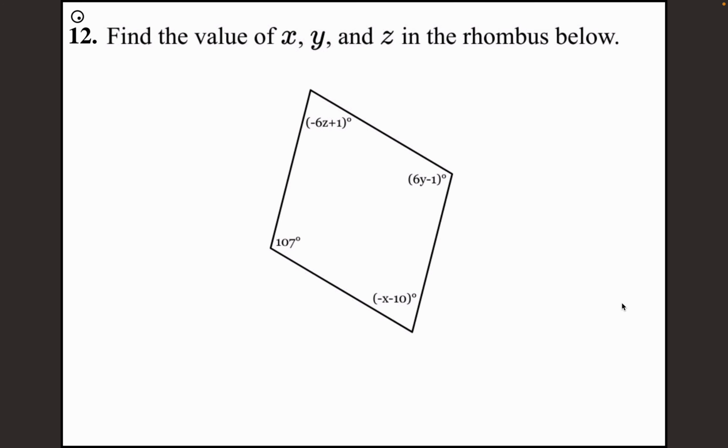All right, let's go ahead and talk about the answers. What do we get for x? We should get negative 83.